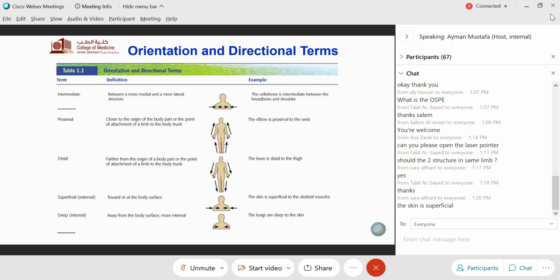See, so superficial and deep are not exactly like anterior and posterior. They can be the same in certain areas. When we talk about the anterior half of the body, when we talk about the posterior half of the body, no, they can be different.